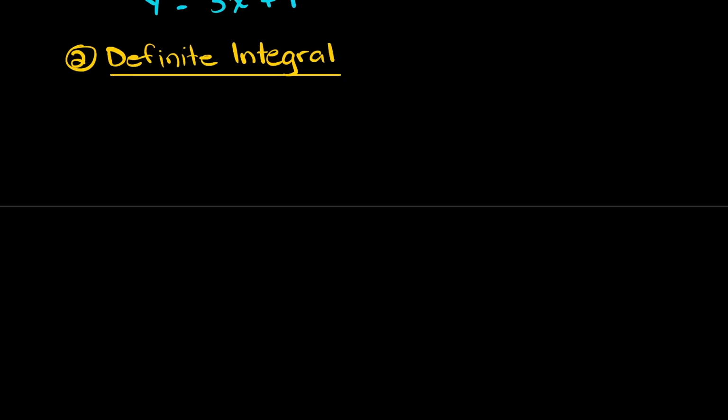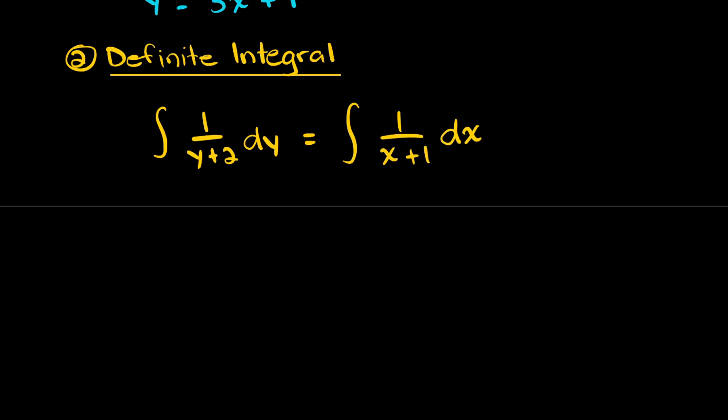So for the definite integral, now we're going to put limits on the integral, so we're bounding it. So like before, we have the integral of 1 over y plus 2 dy is equal to the integral of 1 over x plus 1 dx.